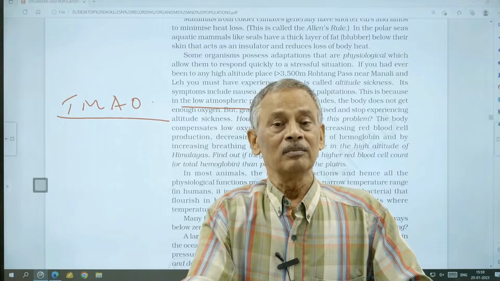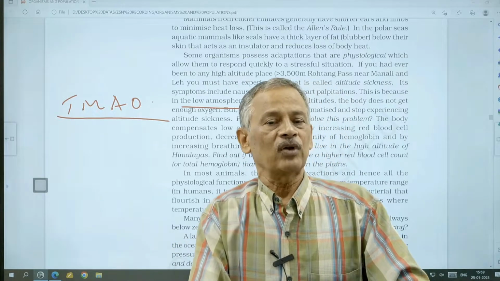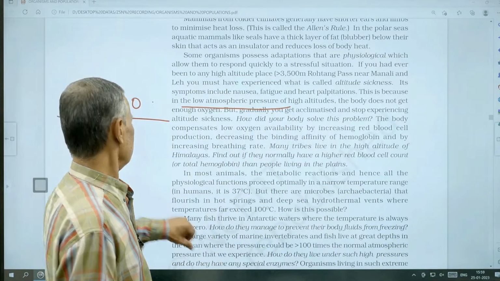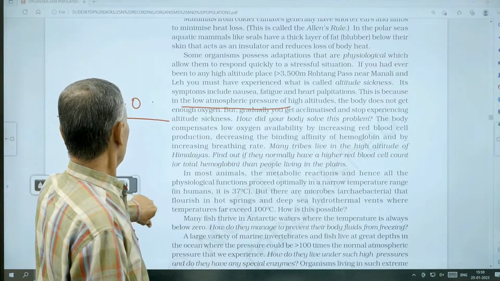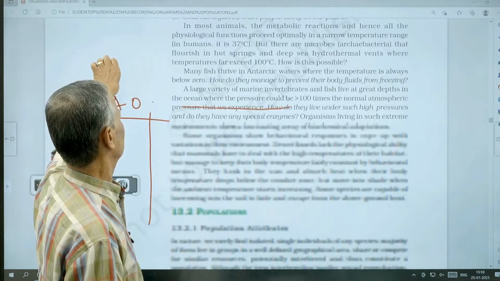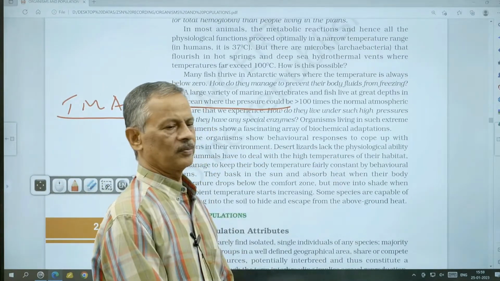For them, they bring about changes in their behavior. For example, we are having some lizards living in desert.